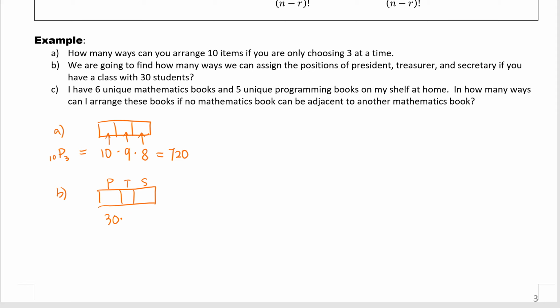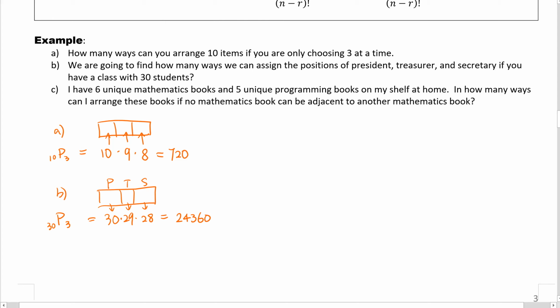Because we're choosing different students, we don't repeat, so there are only 29 choices left for the treasurer, and for the secretary, 28 students left. Now we can put this in our calculator: 30 times 29 times 28 equals 24360. So this is permutation 30 choose 3. So far so good, everybody.